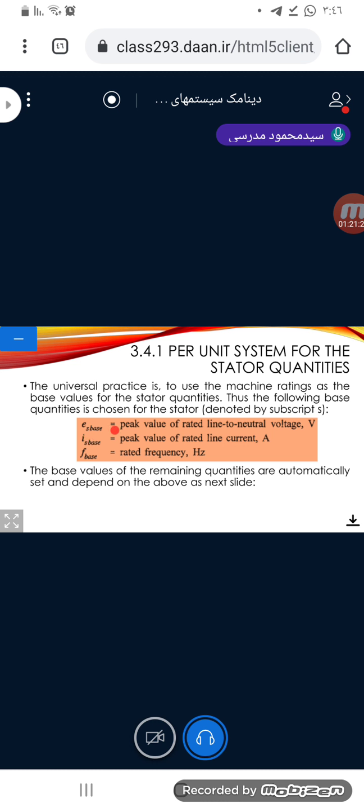E_S base is the peak value of rated line to neutral voltage, volts. I_S base is the peak value of rated line current, amperes. F base is the rated frequency, hertz. This is ampere, this is volt, and this is hertz. The base values of the remaining quantities are automatically set and depend on the above, as in the next slide.